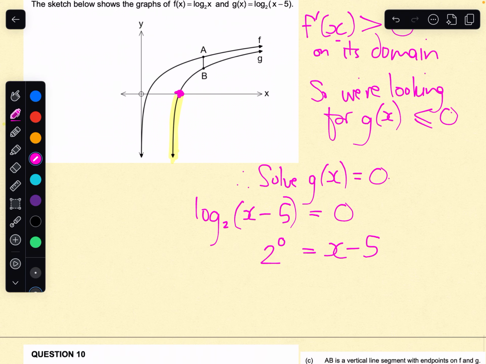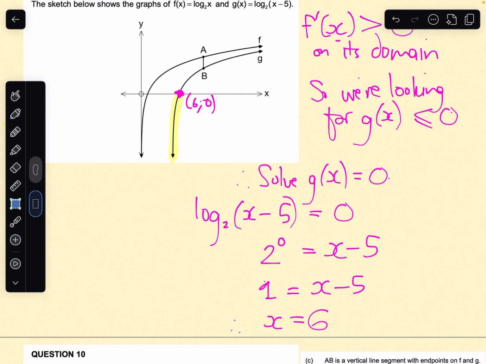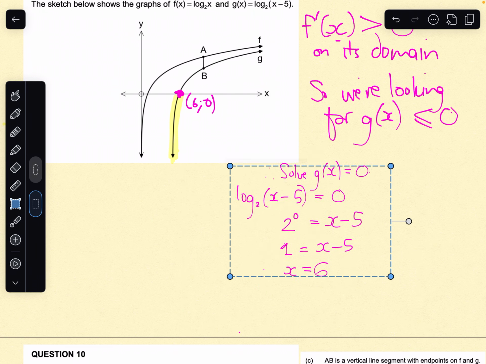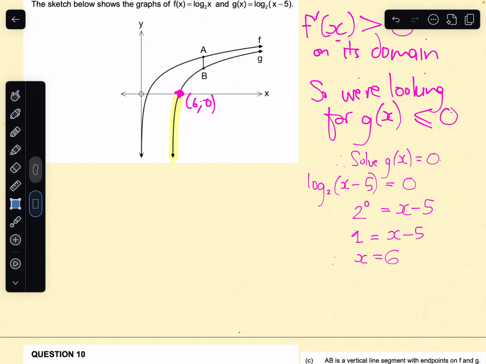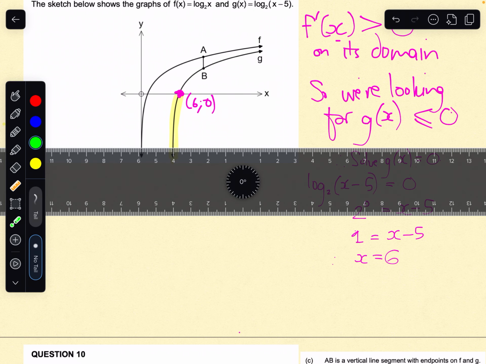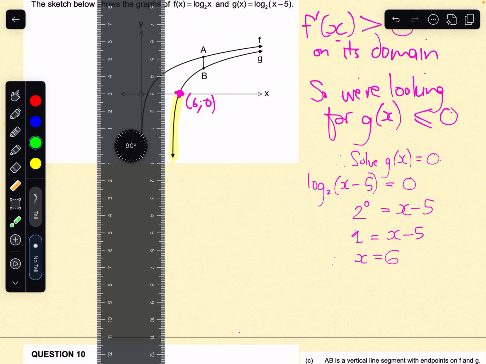And so that is 1 is equal to x minus 5, and therefore x is equal to 6, right? So the coordinates of this point are 6 and 0. So what we then know is that for any value of x that is smaller than 6, and also we need to remember the asymptote that we discovered in the previous question.